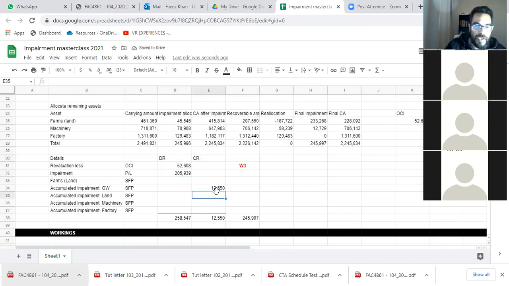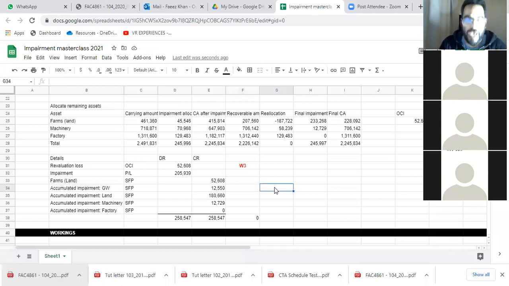And now we can just plug in. Remember, what goes against land? The revaluation is written off directly against land. That's going to be impairment for land. That's going to be impairment for machinery. And that's going to be impairment for the factory. And there we go, my journal entry balances. So just take note of that. That's how the journal entry would happen.